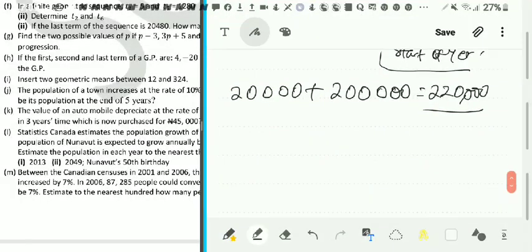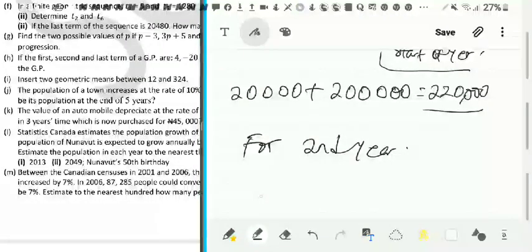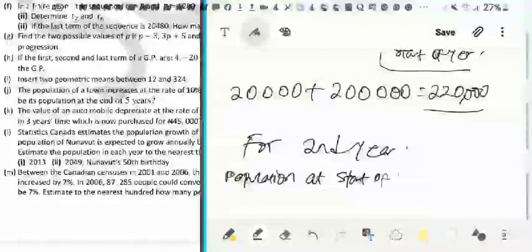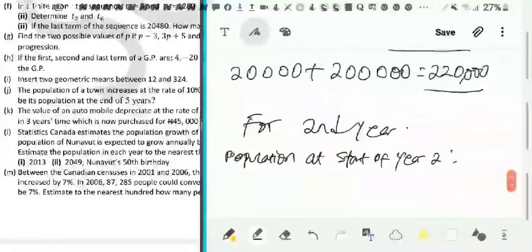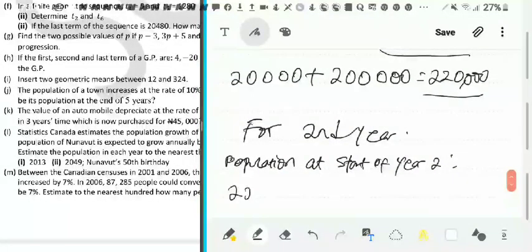Let's work for the second year. What is the population at the beginning of the second year? Beginning population at the start of year 2 will be 220,000.